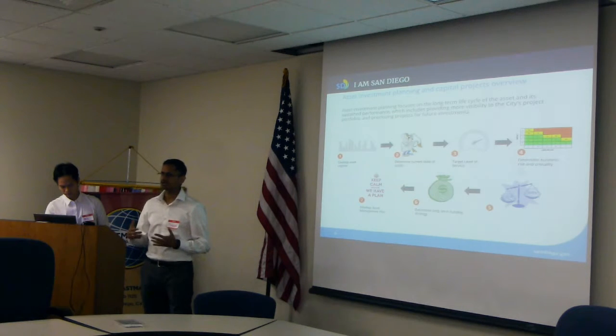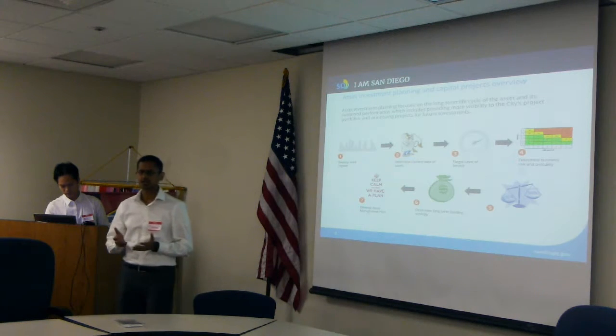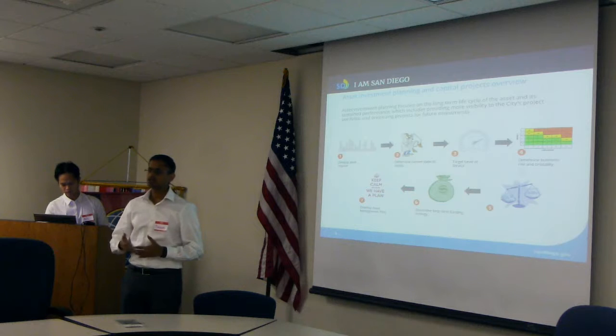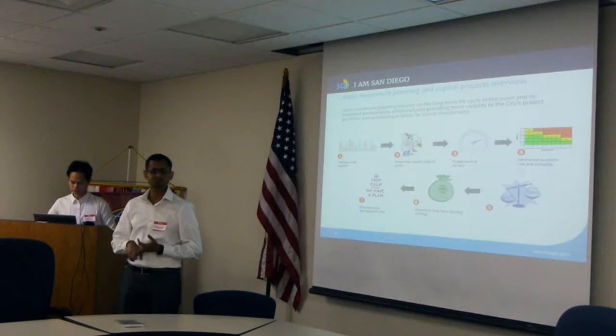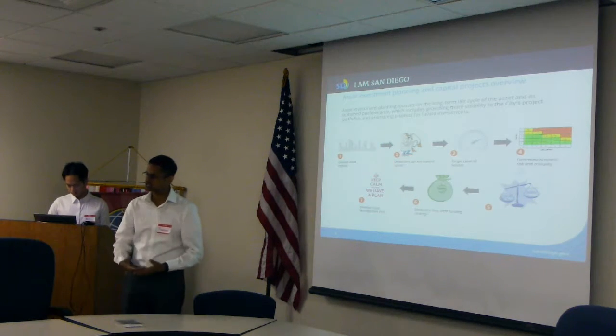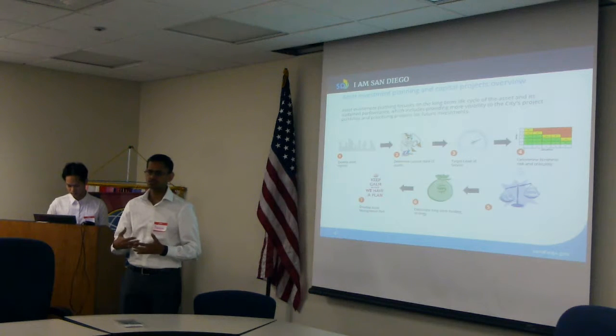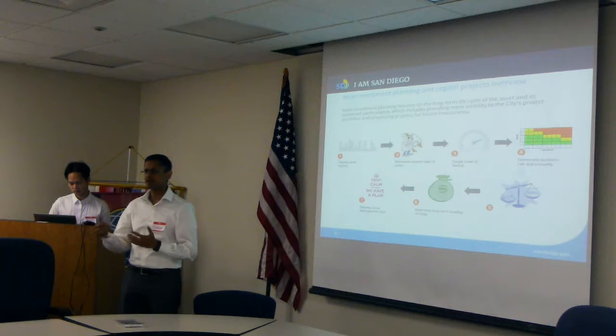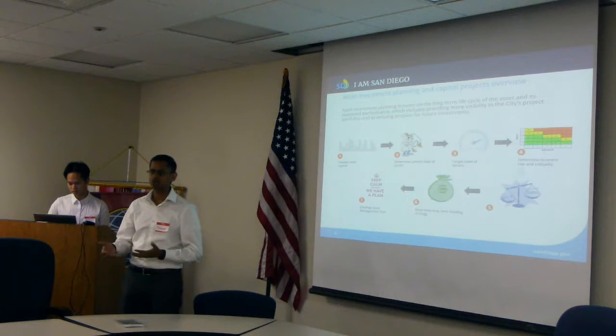What it does is look at the asset in a holistic way and try to figure out when this asset should be worked on. When I say worked on, it could be either repaired, replaced, or refurbished. Depending on the information that we feed into the system and the calculations and formulas that we put in place in Riva, the tool kicks out information saying that on such and such a day or in such and such a year, you would have to perform some maintenance activity on it.